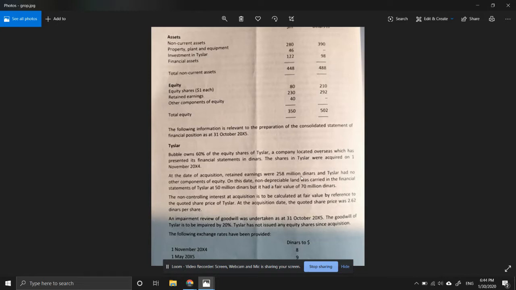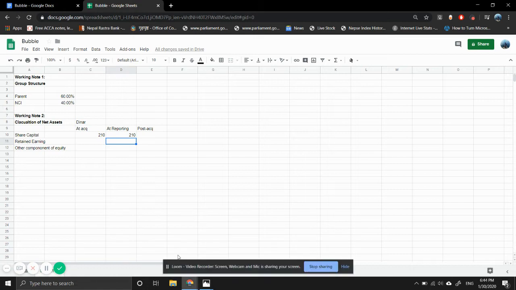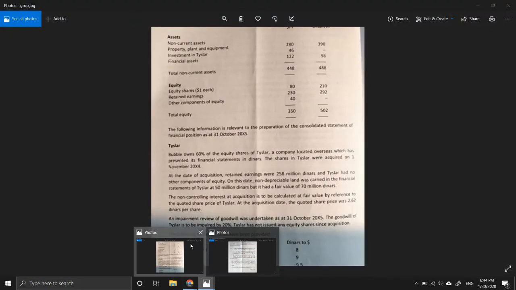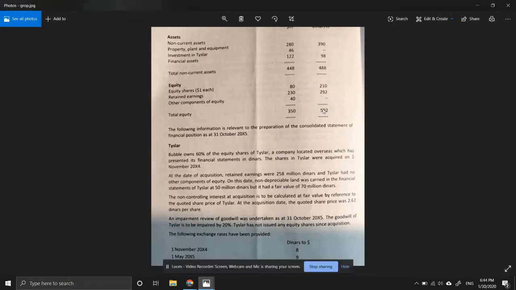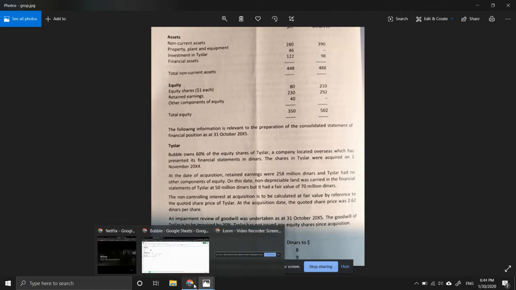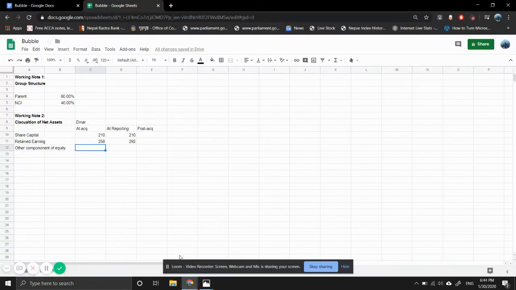So at acquisition 258, 292. Bold, other component of equity is not there, right? It's not there. So fair value adjustment is there for 20 million, right?